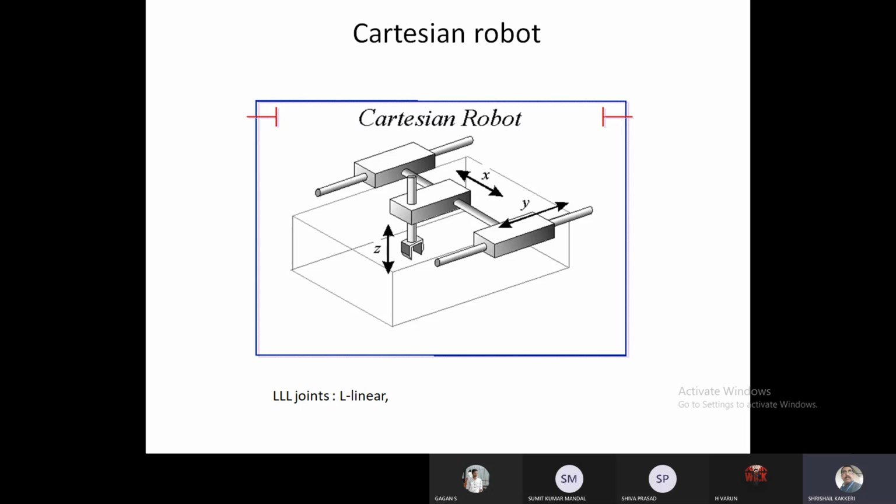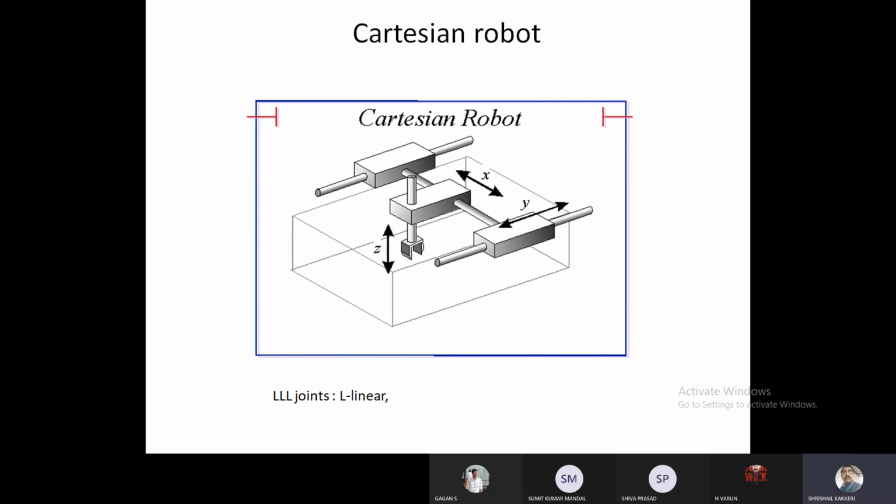The entire work volume will have similar-sized spatially resolved subsets, so the repeatability and accuracy of the robot will be uniformly distributed throughout the work volume. Since this is a linear type, only the initial and final points are important. In between, how the robot forms its path is not important. At a particular point it picks, and at a particular point it drops.